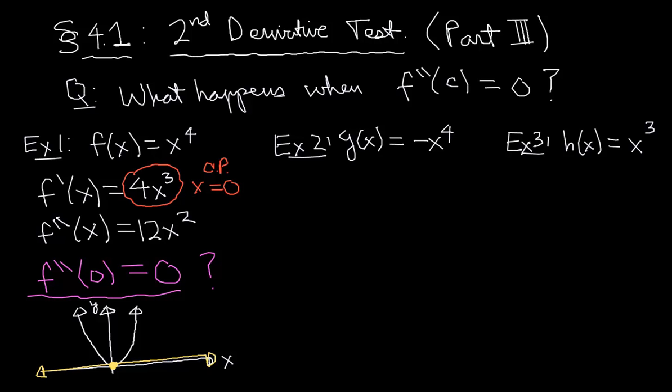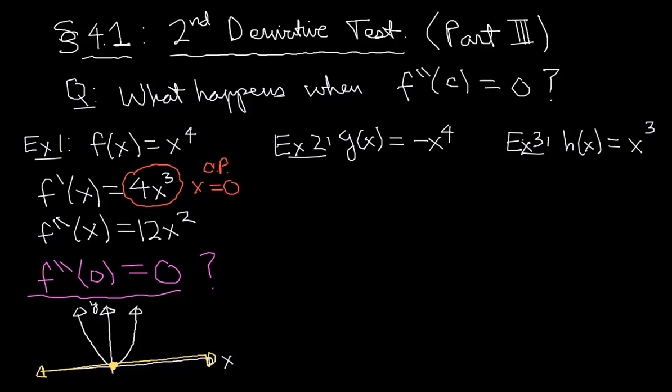But we can see the function is concave up, even though the second derivative is 0. So it's not positive, but the function is still concave up. The point is, the second derivative doesn't tell you exactly when the function is concave up or concave down. But if you know for sure that it's positive or negative, then you know something about the concavity for sure. But if it's 0, we still have something that's concave up.